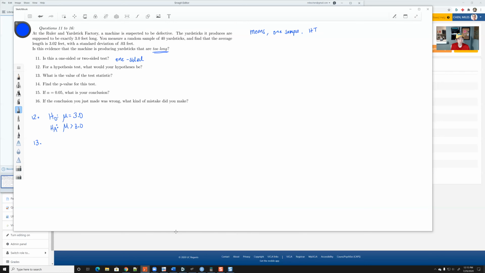All right, what is the value of the test statistic? Okay, so T, our test statistic, is going to be x bar minus the mean divided by the standard error, okay? Our standard error is s over the square root of n. So that's going to be 0.03 divided by the square root of 40.